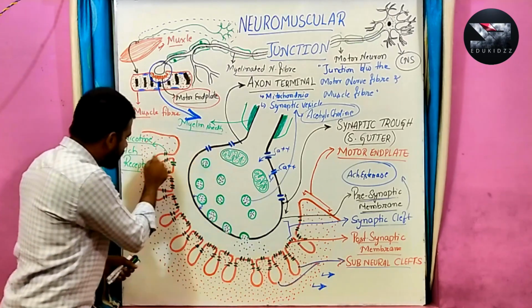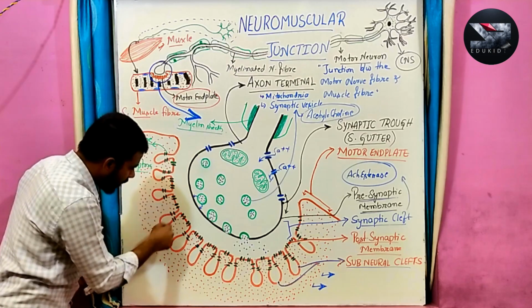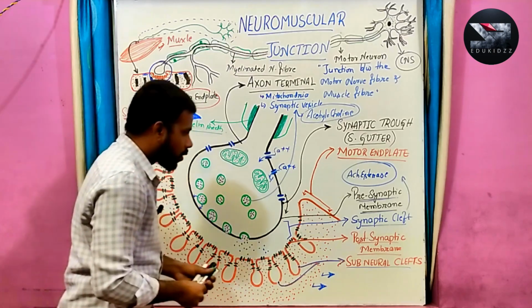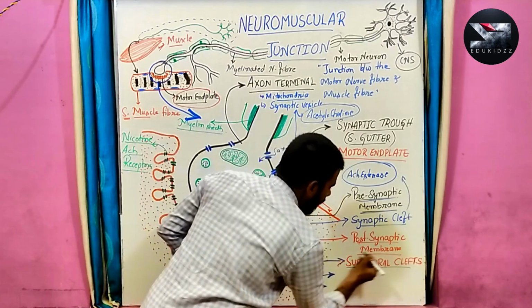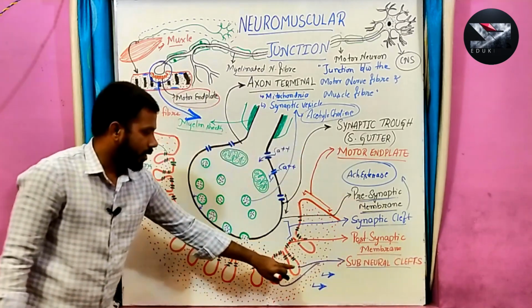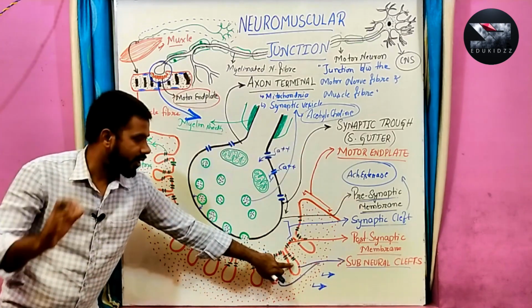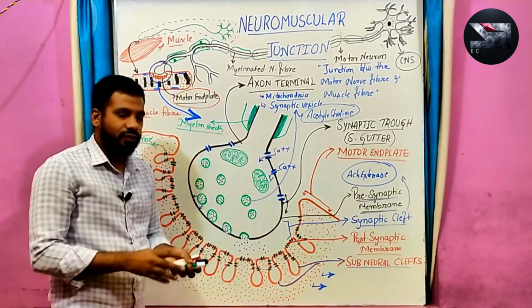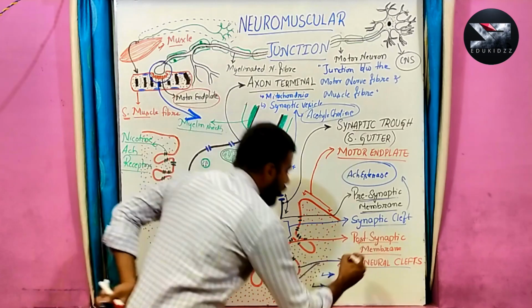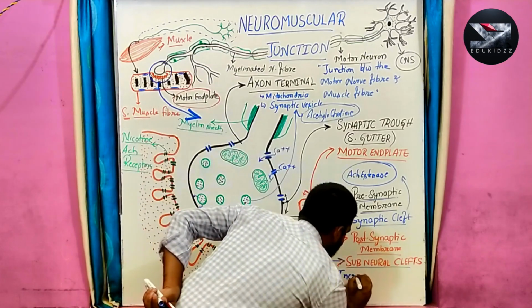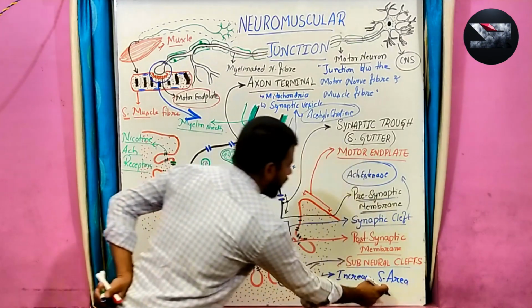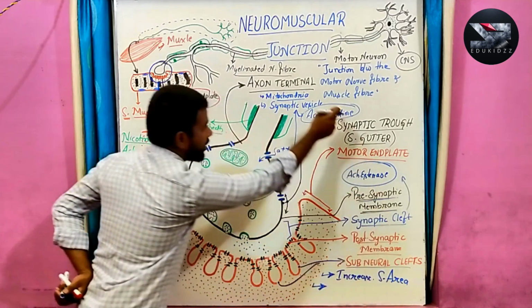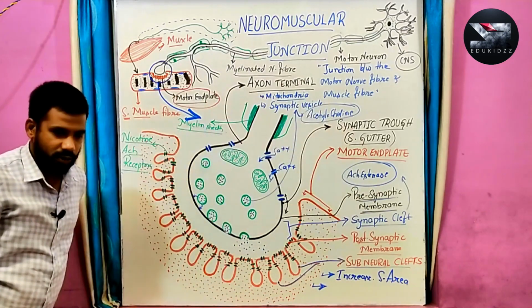again forms several foldings. You can see here, these foldings are called subneural clefts. The subneural cleft has great importance. Why? Because of its greater folding nature, the subneural cleft increases the surface area for the action of the acetylcholine neurotransmitter.